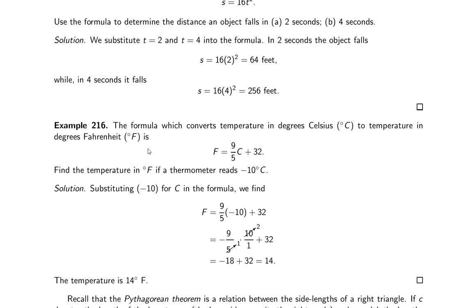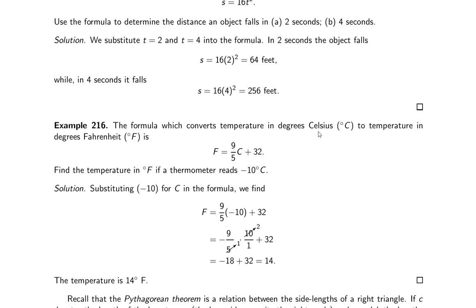I guess more physics. This formula converts temperature in degrees Celsius to temperature in degrees Fahrenheit. In the US, we use Fahrenheit for temperature, but I think the rest of the world uses Celsius.